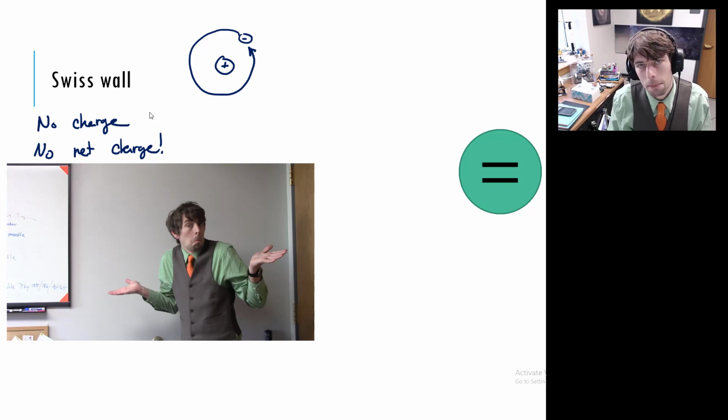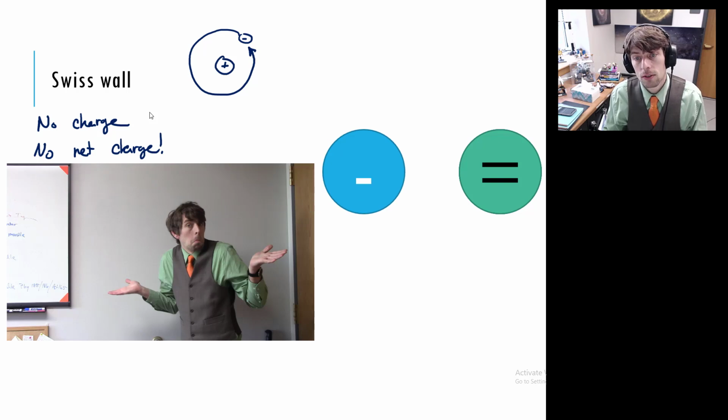But now here's the thing. I have charged up that balloon. Let's say I've charged it up with some negative charge. So when I bring that balloon into contact or very close to the wall, which has both protons and electrons, based on what we've observed in previous parts of this lecture, what will the electrons in the wall want to do?